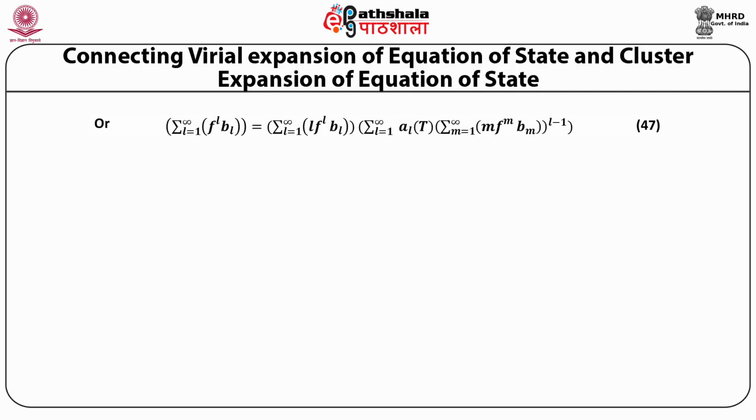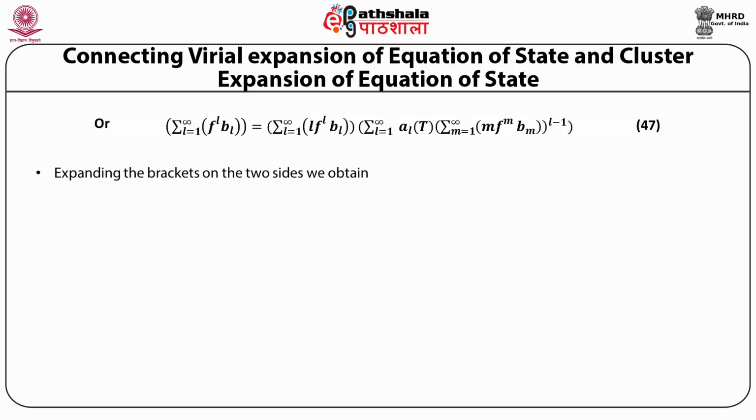Or, summation over l equals 1 to infinity f raised to power l b_l is equal to summation over l equals 1 to infinity l f raised to power l b_l multiplied by summation over l equals 1 to infinity A_l(T) multiplied by summation over m equals 1 to infinity m f raised to power m b_m, whole raised to power l minus 1.